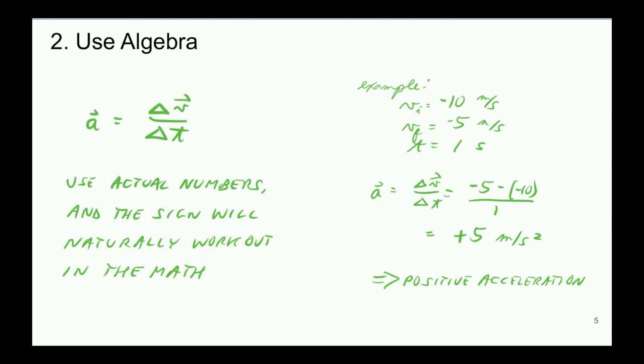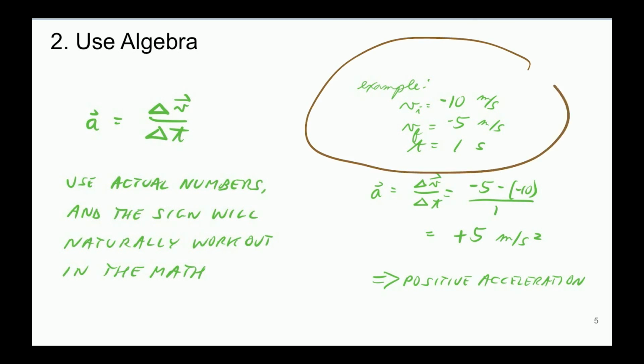Another way you could do it is use algebra. And this is really the essence of why the sign rules are what they are. It's not like somebody made it up. It just falls out of the algebra. Try different combinations of initial velocity and final velocity. Here I did an example where I chose, arbitrarily, some initial velocity that's negative and a final velocity that's negative.